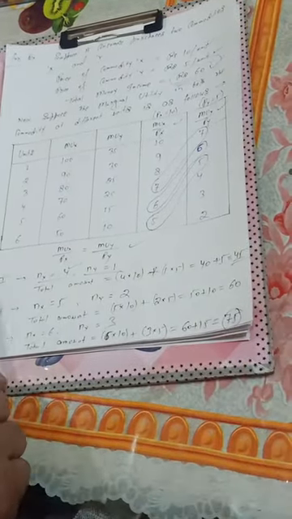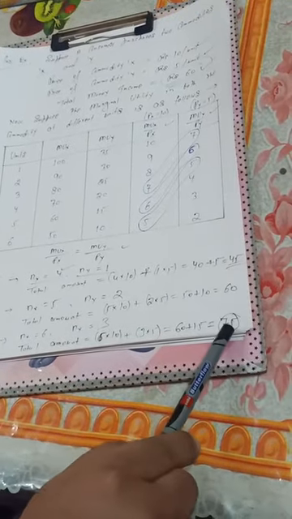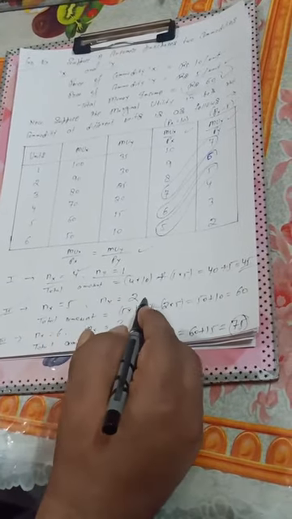So in the first case, the amount is 45. In the second case, the amount is 60. In the third case, the amount is 75. But the total money income available to the consumer is rupees 60. And this is equal in the case of the second one, where Nx is 5 and Ny is 2.